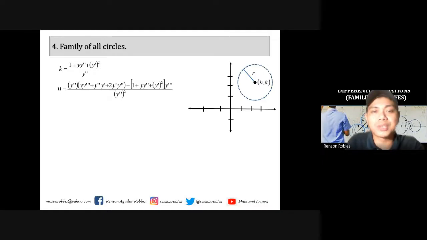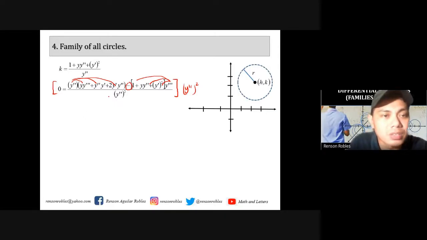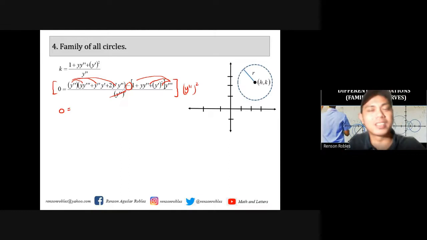So to simplify, you can just multiply everything by y double prime square, and eventually you can distribute y double prime to each term inside. All right. And then you do the same here. And then do not forget the minus sign. And then let's do it. So eventually, you will only have 0 on the left side, sorry. And then this will be canceled out because we multiplied both the left and the right side by y double prime square.